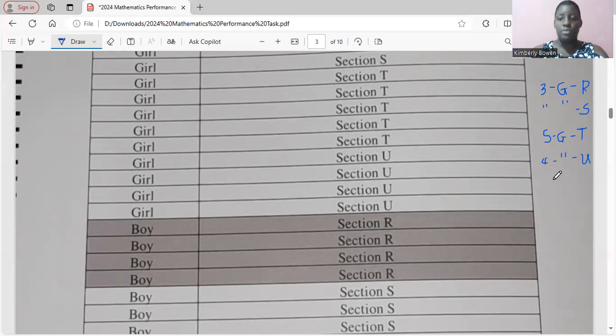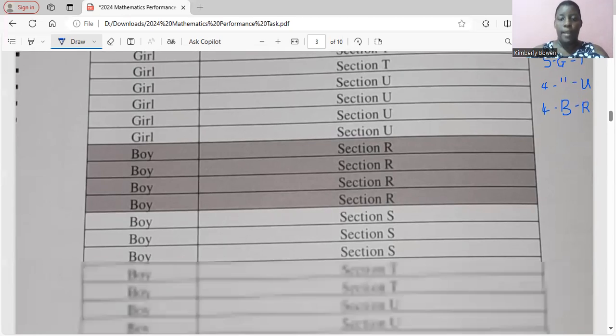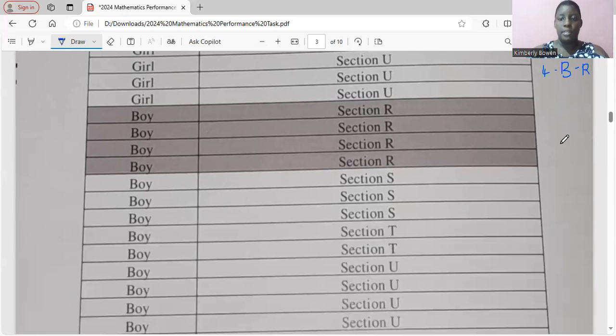All right, now for the boys, also 4 boys for R. 4 boys for R. And for S, you have 3 boys for S. Going outside there.